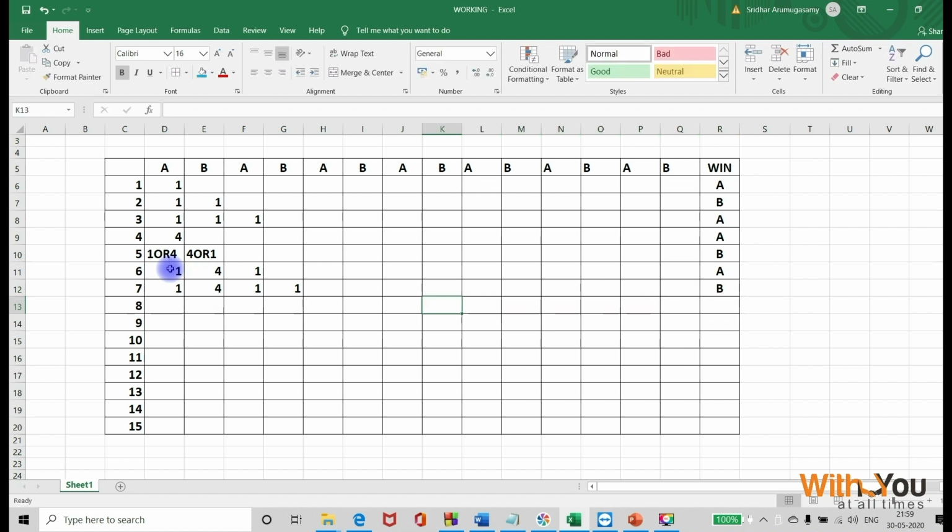Let's take 8. There are 2 options. If Alice plays 4, Bob will play 4, and straightforward, Bob will win. So she will play 1. Now what is in front of Bob? 7. Focus please.